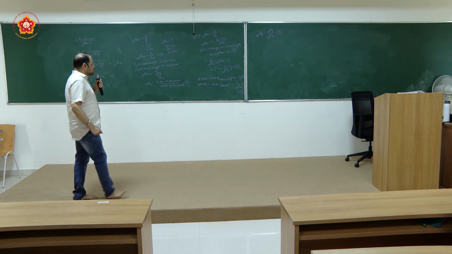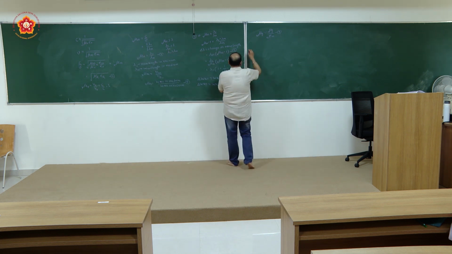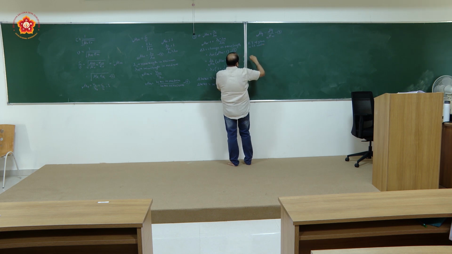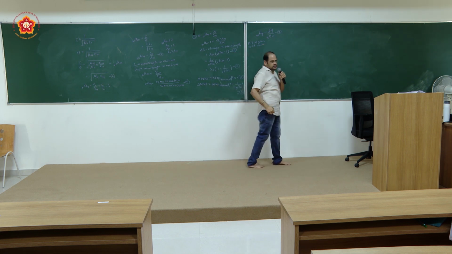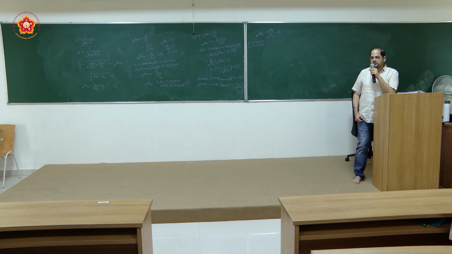The left hand side is read as refractive index of glass with respect to water. Right hand side, refractive index of glass with respect to vacuum divided by refractive index of water with respect to vacuum.